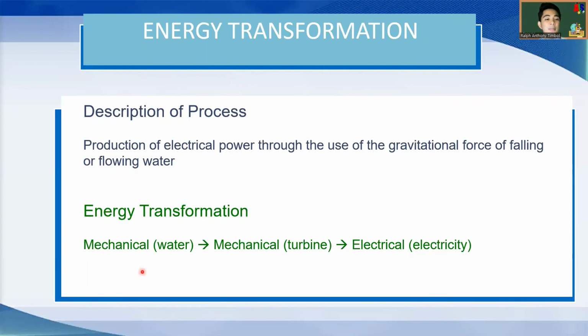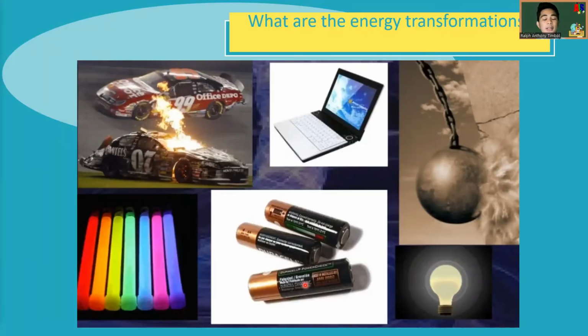Diniscuss natin kanina, para matawag na mechanical energy, kailangan meron siyang potential at ma-convert ulit sa kinetic. That is mechanical energy. And that is the energy transformation, mechanical, the water, and then the turbine, and then it provides electricity. Can you cite another energy transformations present in this picture?